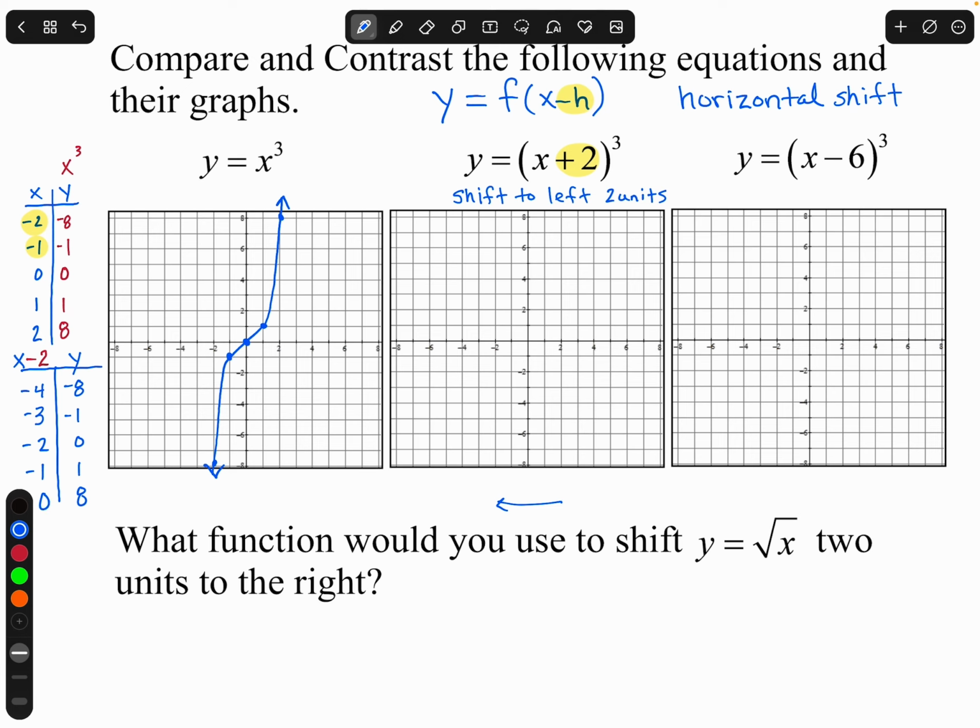So you'll see our points are at -4, -8, -3, -1, -2, 0, -1, 1, and 0, 8. And you can see when we reconnect our points or rebuild our function, it has been shifted to the left 2 units.